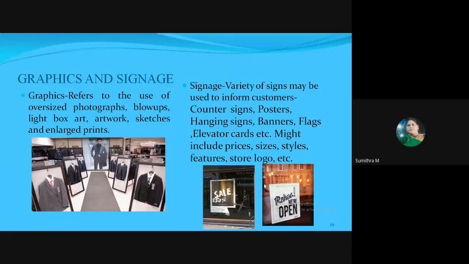Signage means a symbol showing where the sales counter is, how much discount, whether the shop is open or not, size, style, features, logos, everything used in symbol form, that is named as signage. It helps to purchase the product easily.